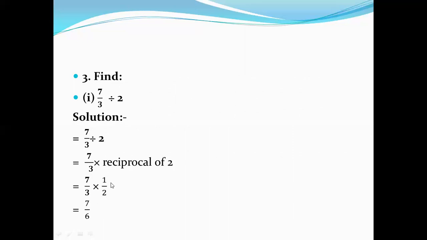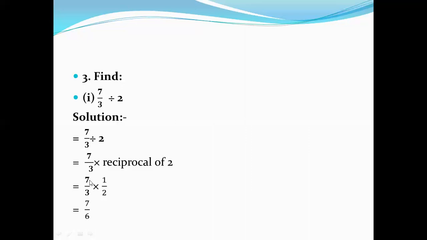Here we cannot reduce it because 2 and 7 are not divisible. So we will multiply the numerators: 7 into 1, 7. 3 2s are 6.